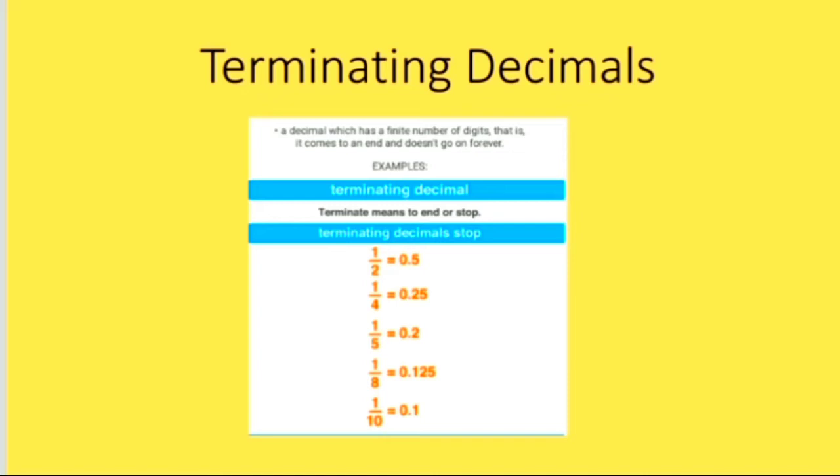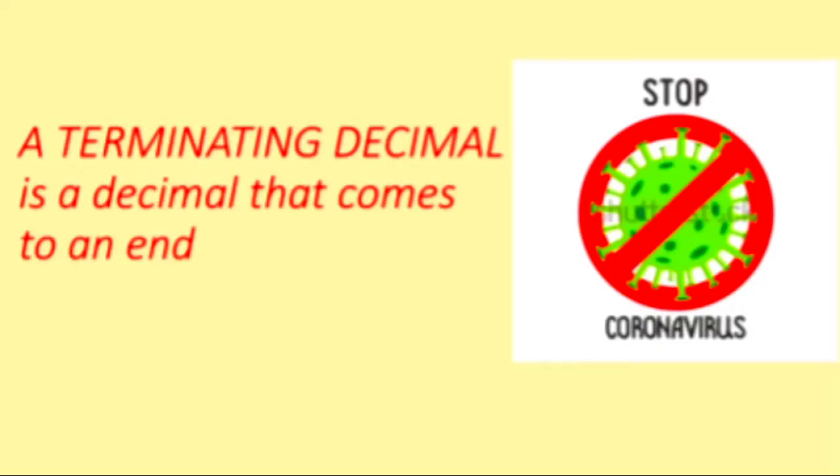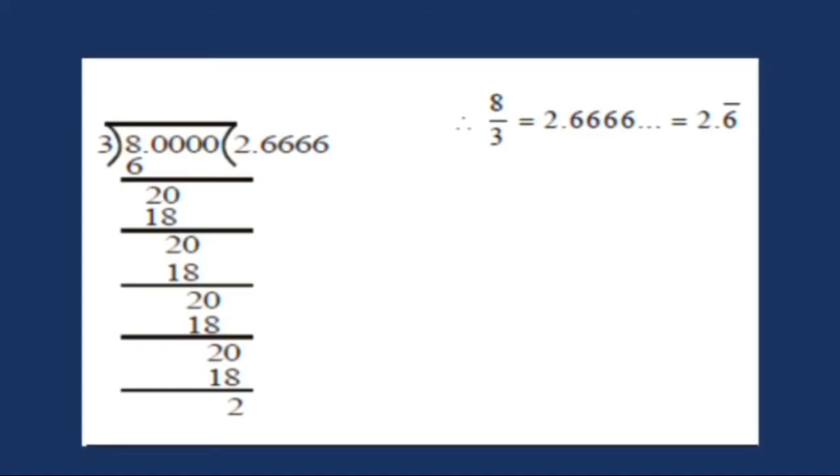Such decimal numbers are known as terminating decimals. Terminating decimals are those decimals which have the division process terminating at some point. The word terminate itself means to stop or to come to an end. Now observe this division.